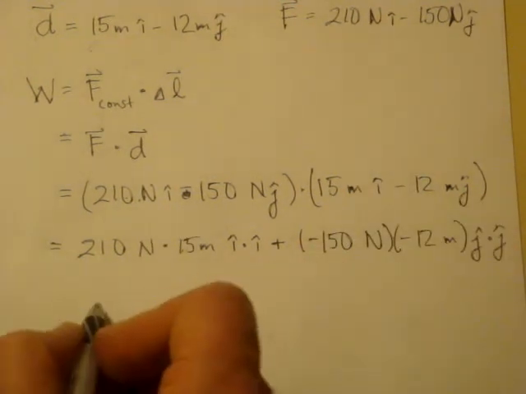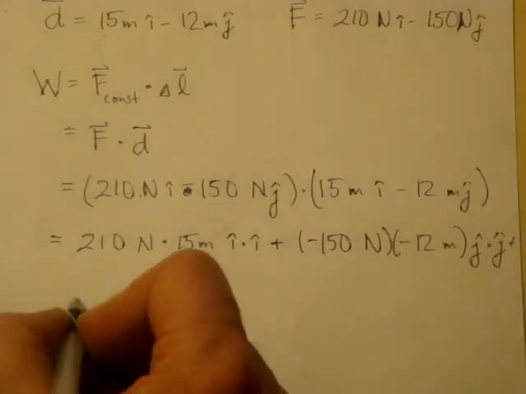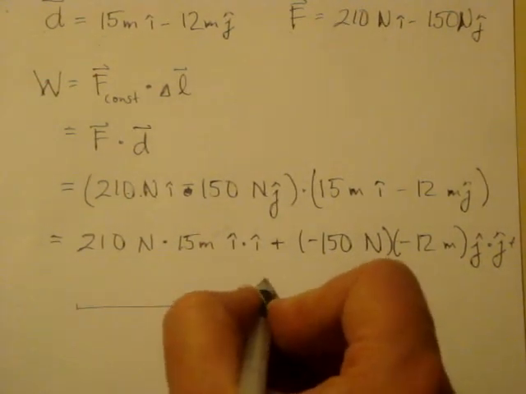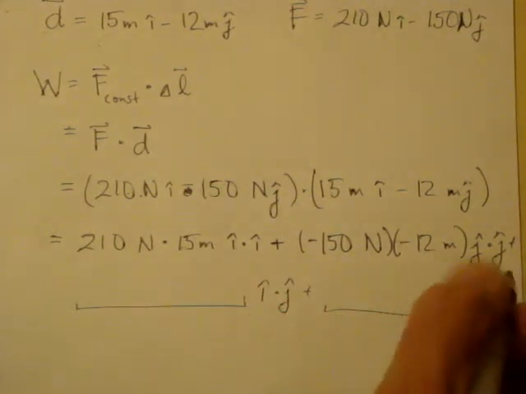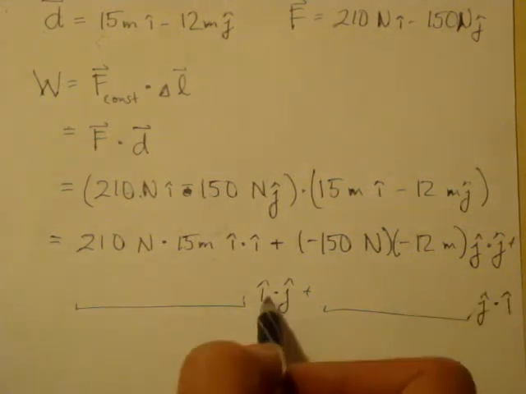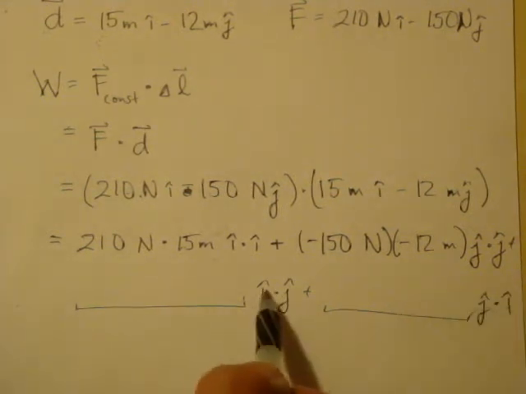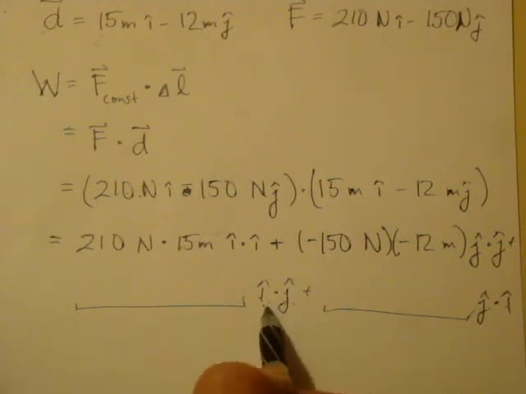And then we would add two other terms: I-hat dotted into J-hat, plus J-hat dotted into I-hat. The scalar product of J-hat and I-hat asks how much of J-hat is in the direction of I-hat.